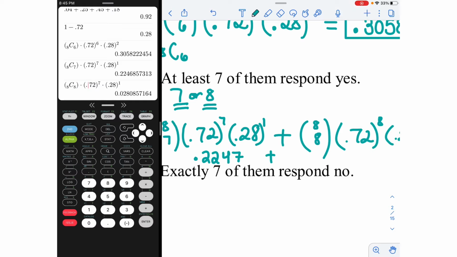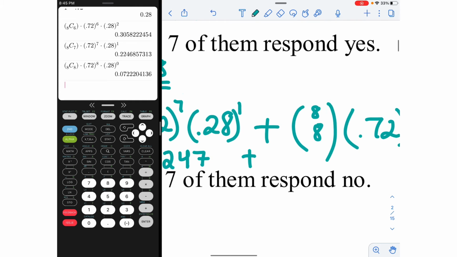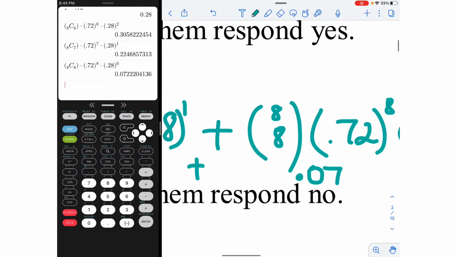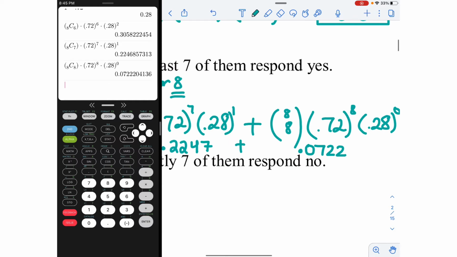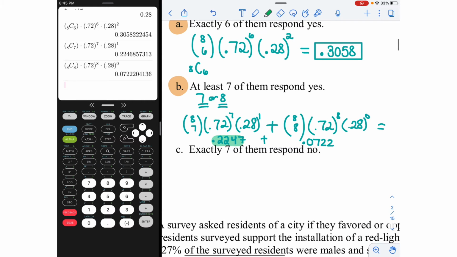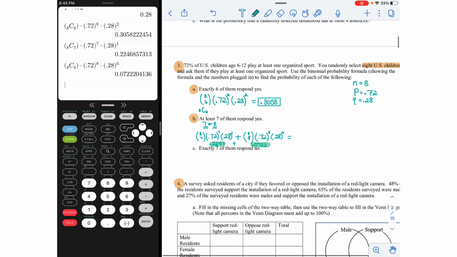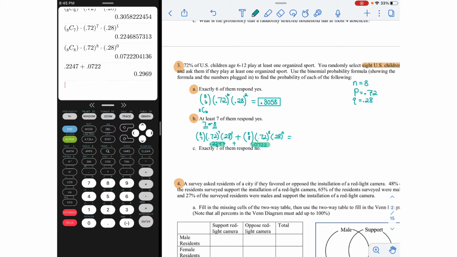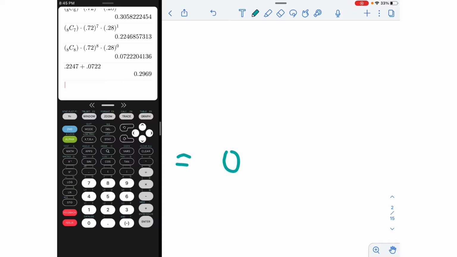So 8 choose 8. There it is. Plus 0.0722. So I'm going to add these two numbers together for my final answer. 0.2247 plus 0.0722. Final answer, 0.2969.